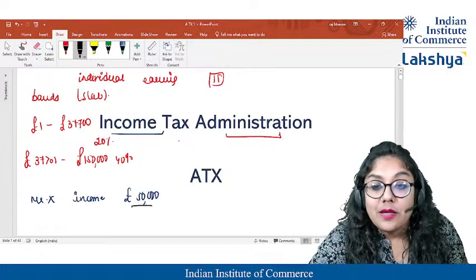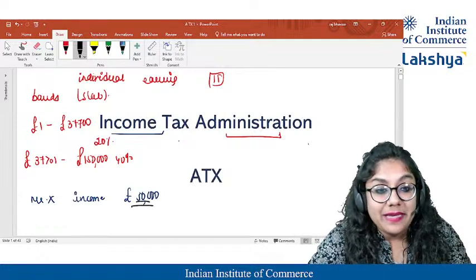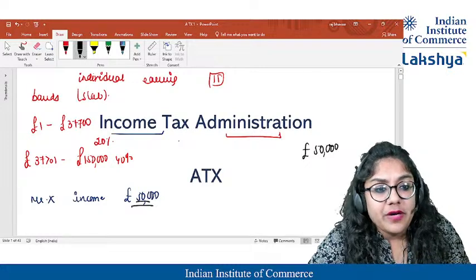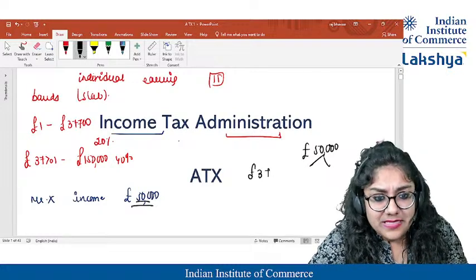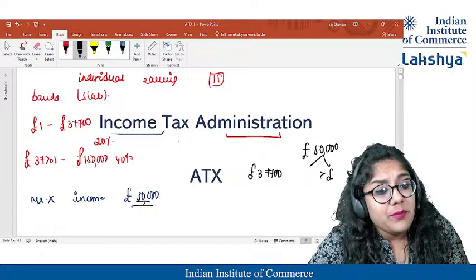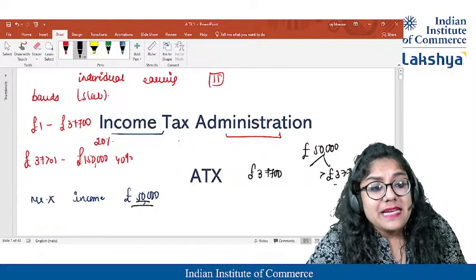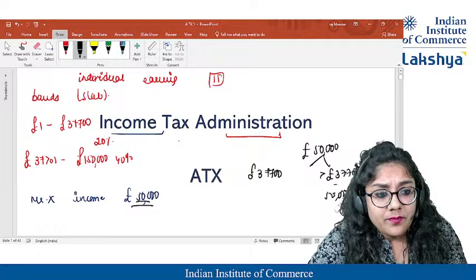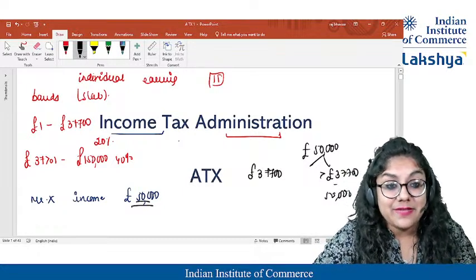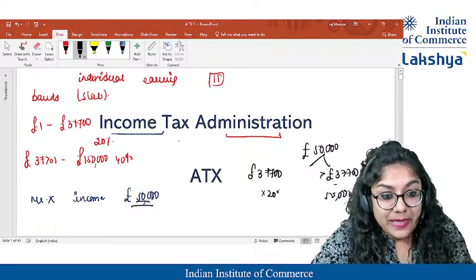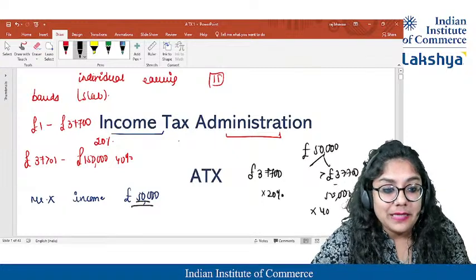I have to bifurcate this 50k first: 37,700 is my slab, and the amount above 37,700 up to 50k is the rest. So the first 37,700 I need to multiply with 20%, and the difference is to be multiplied with 40%.